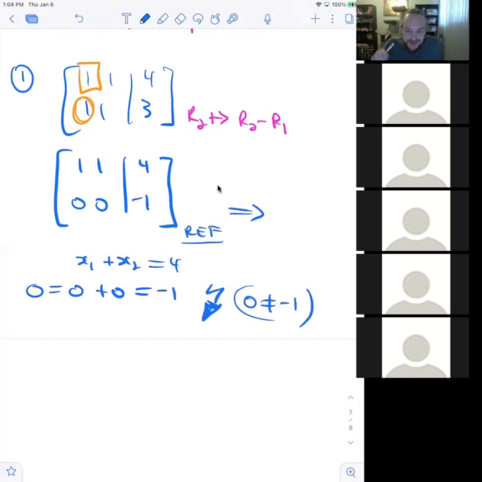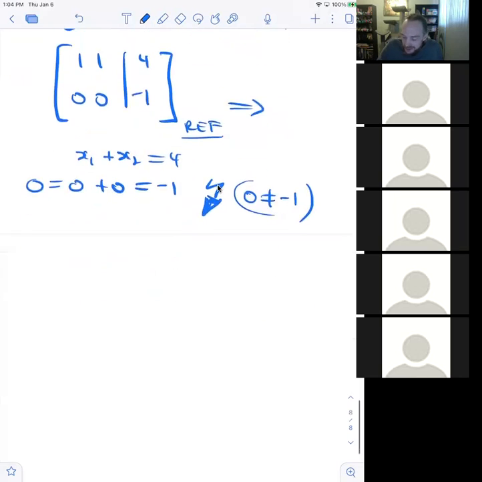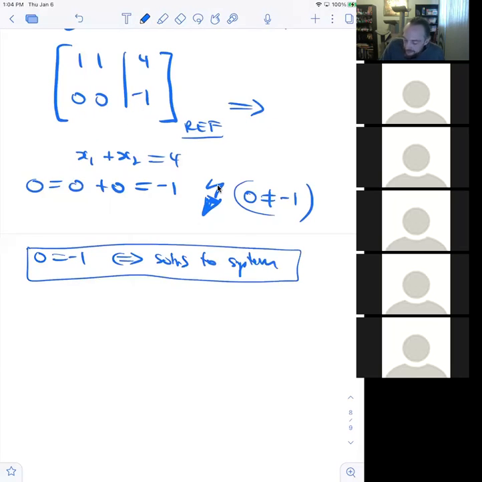Let me write this like this: 0 equals -1 if and only if there are solutions to the system, i.e. there's no solutions. Because 0 doesn't equal -1, I hope.